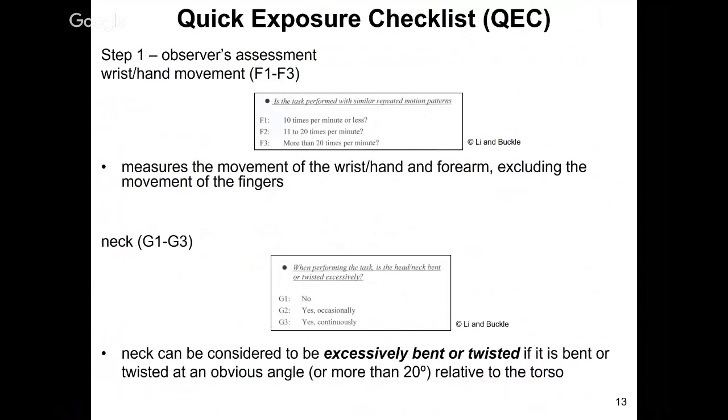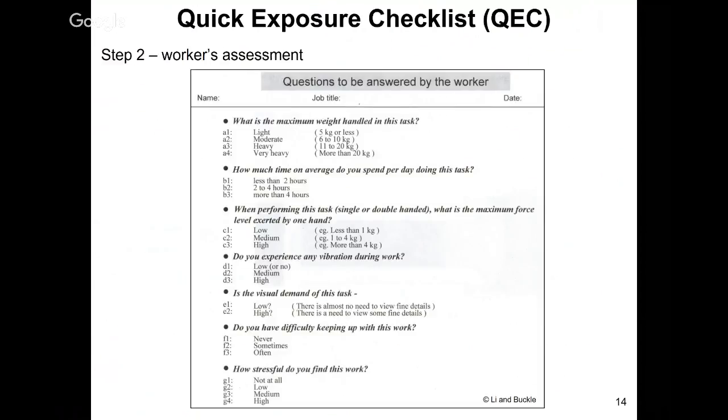So wrist and hand movement, and the neck. You can imagine we're going to be looking at the posture of the neck there, and then the worker's assessment. This is something that they fill out themselves.